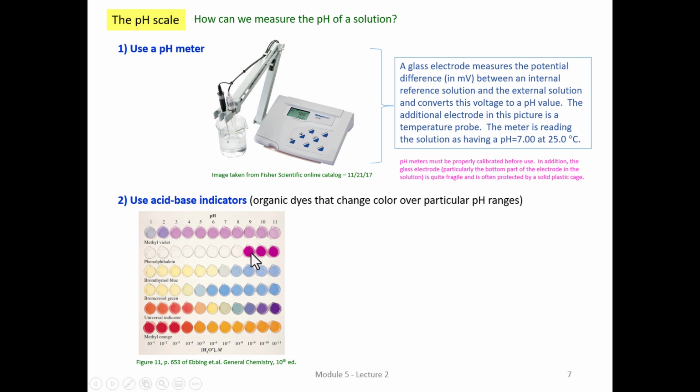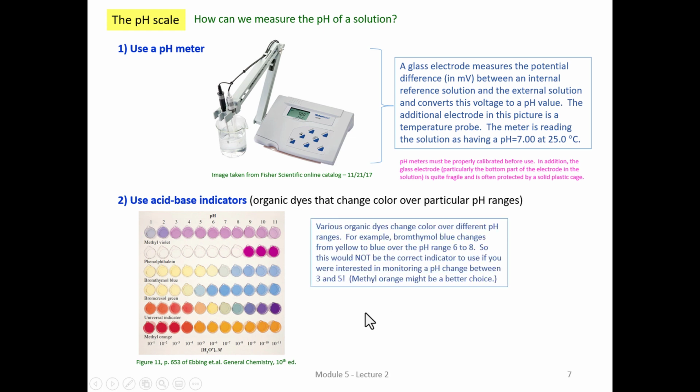Bromethymol blue is an interesting dye. It stays yellowish in acid solution, but it gradually turns blue between about pH 6 and 8. So depending on what pH changes you're expecting, you might make a wise choice of which indicator you wanted to use.